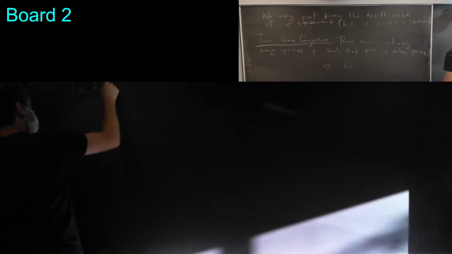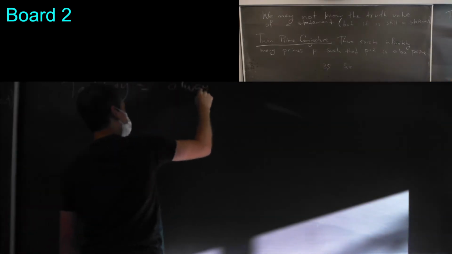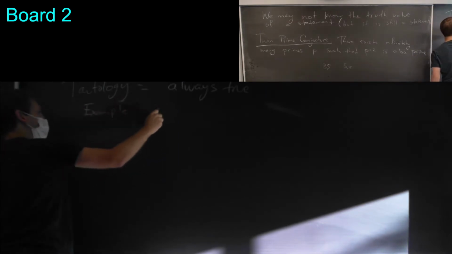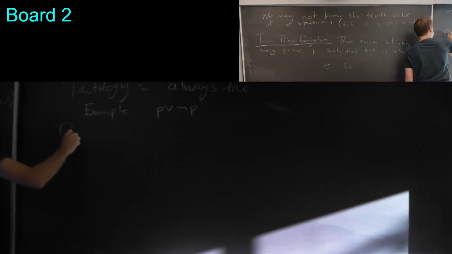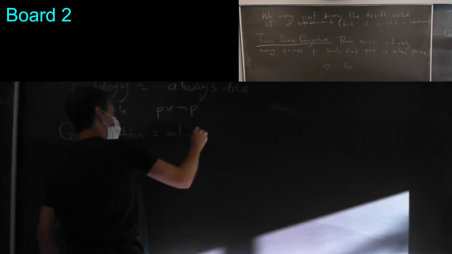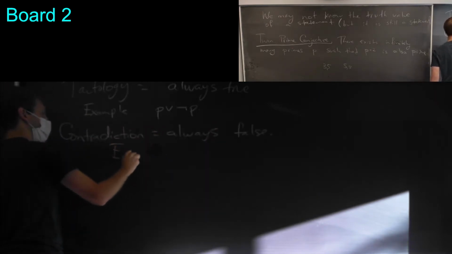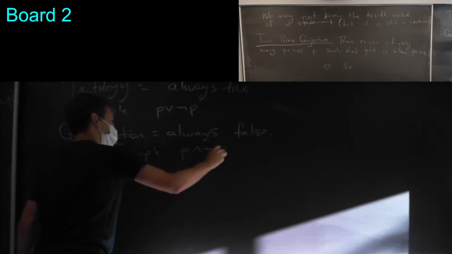So just to remind you, a tautology is a statement which is always true, and our easiest example was P or not P. A contradiction is the opposite. It's always false, and our standard example was P and not P.